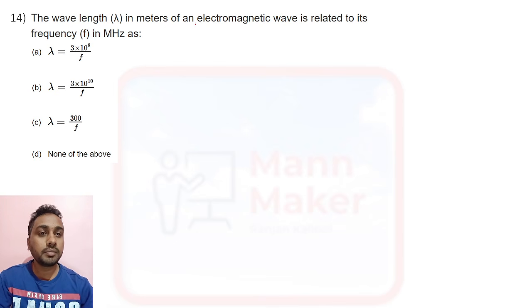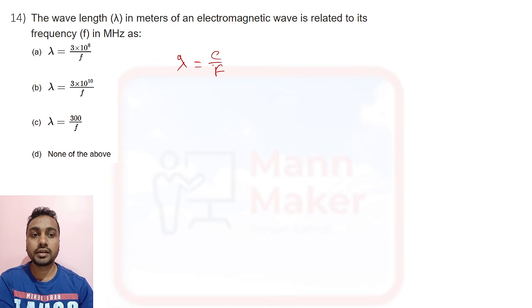The wavelength in meter of an electromagnetic wave is related to its frequency in megahertz. So generally, what is the relation between lambda and frequency? Lambda is equal to c by f. C is the velocity of light, equal to 3 into 10 to the power 8 meter per second, and frequency in hertz.